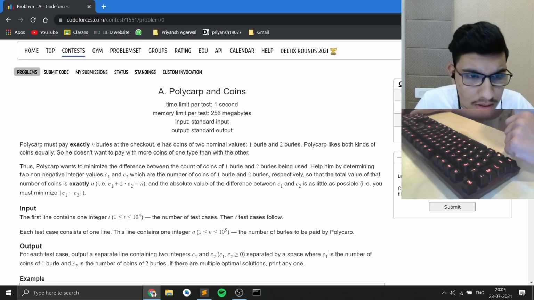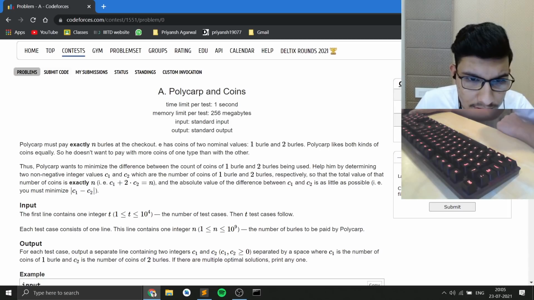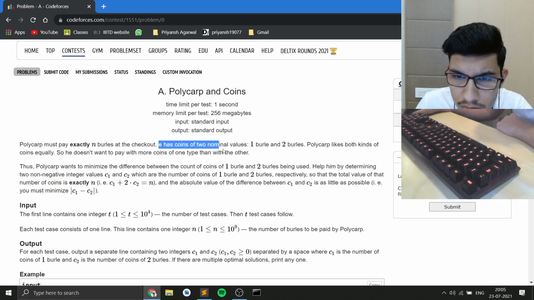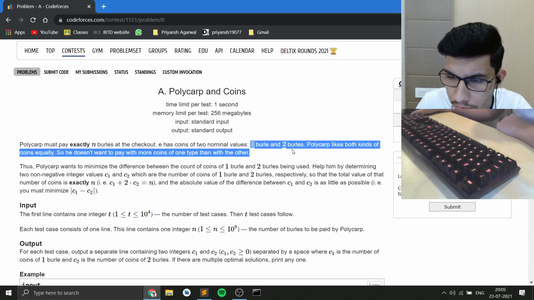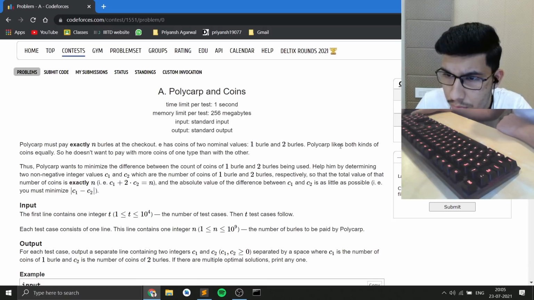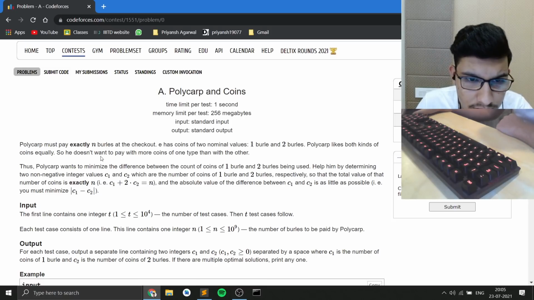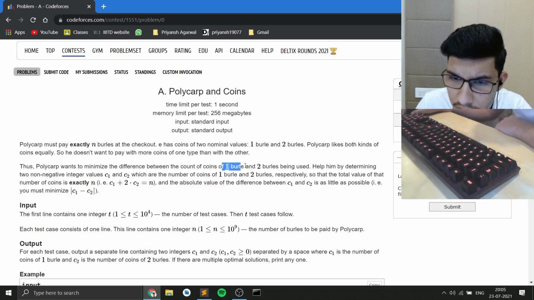Problem A. Polycarp must pay exactly n pearls at the checkout. He has two nominal values, one pearl and two pearls. Polycarp likes both kinds of coins equally, so he doesn't want to pay with more coins of one type than the other. Thus, Polycarp wants to minimize the difference between the count of ones and twos.